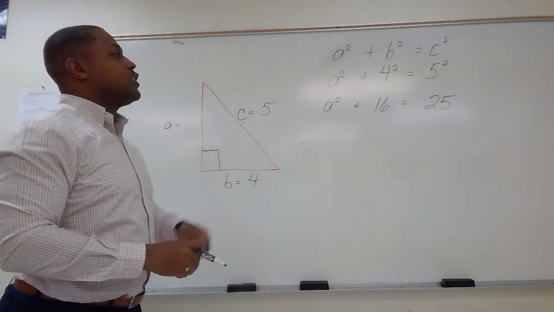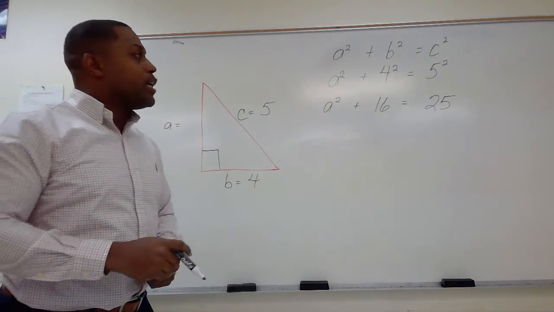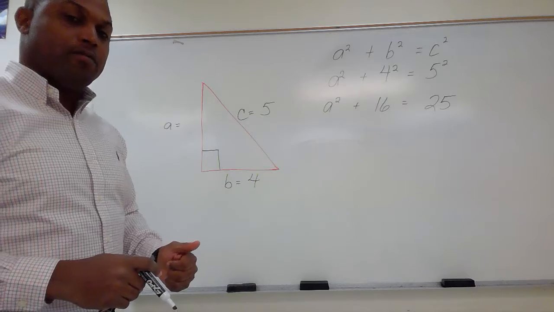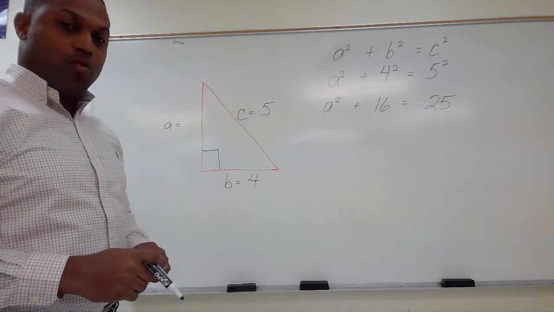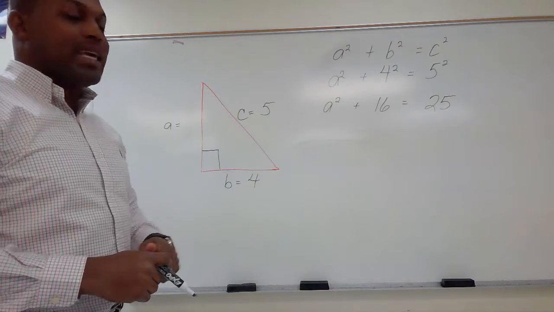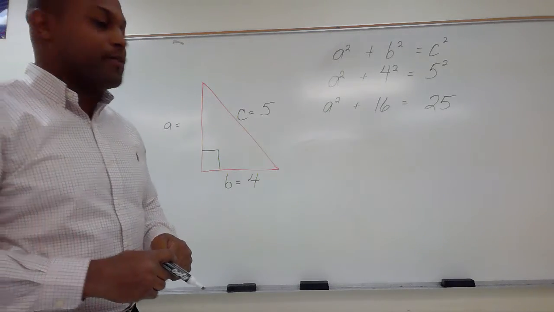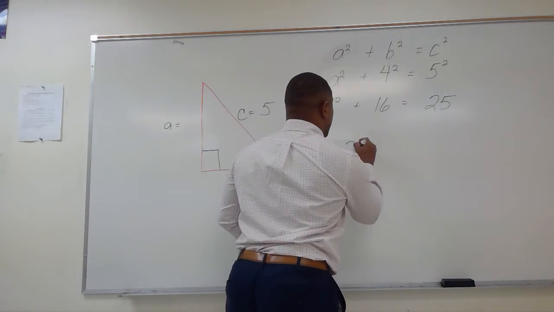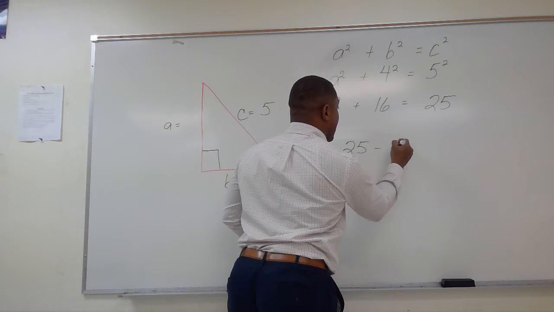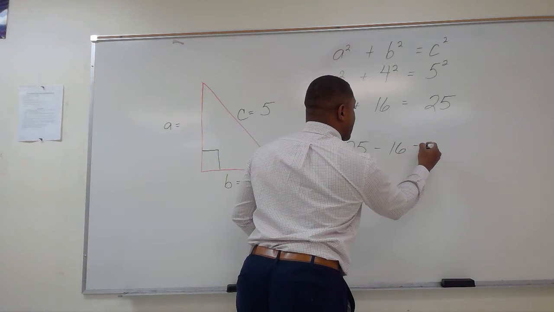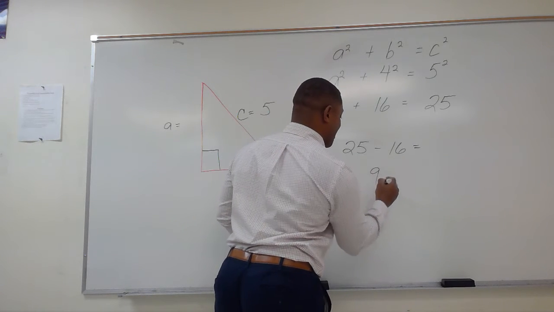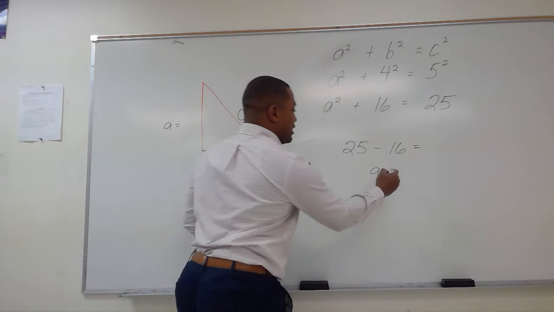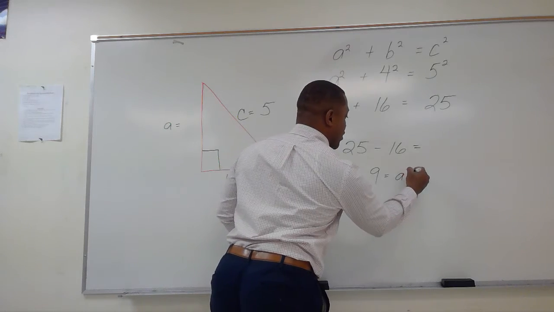Now, once we get to this point, what we're going to do is take c squared and subtract from it b squared, and that is going to leave us a squared. All right, so 25 minus 16 leaves us 9, okay, which is a squared, right?